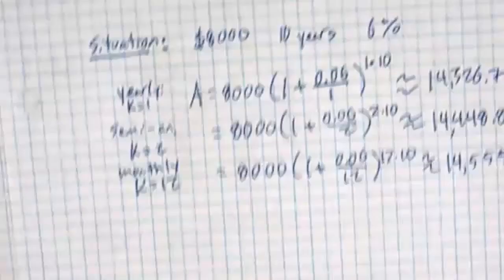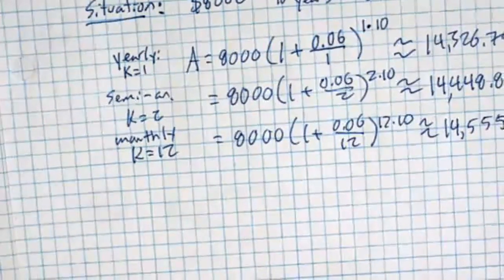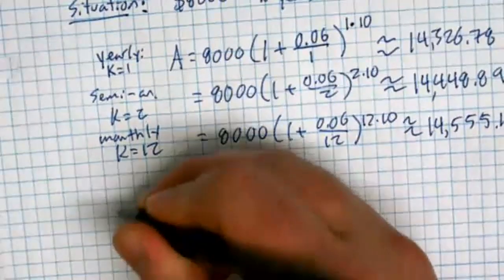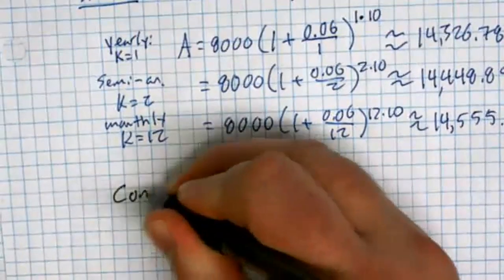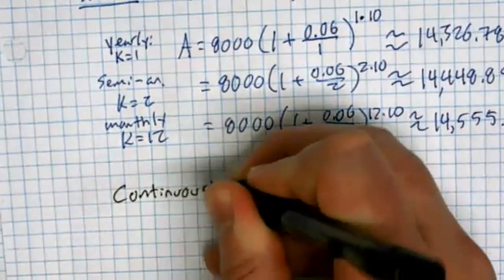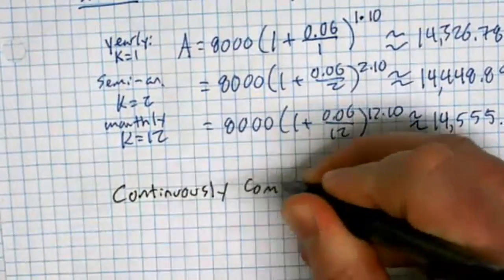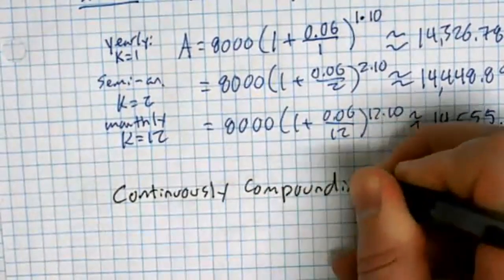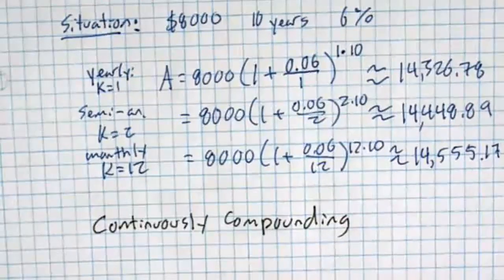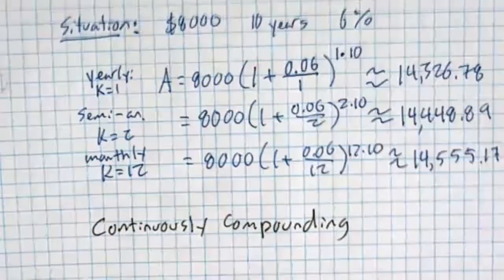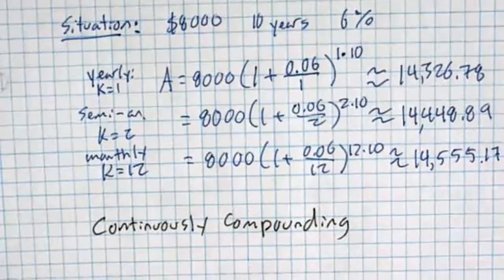And I know you've seen this one. This is the PERT equation. You remember the PERT equation? There is such a thing as continuously compounding. You'll learn about limits next year, but this will be the limit if K approached infinity.